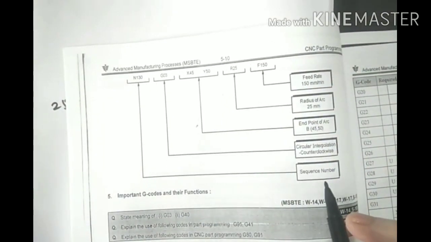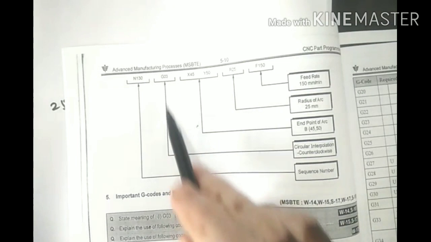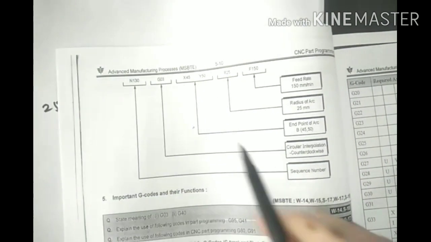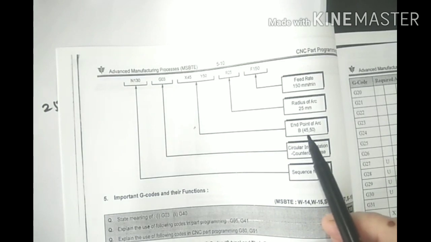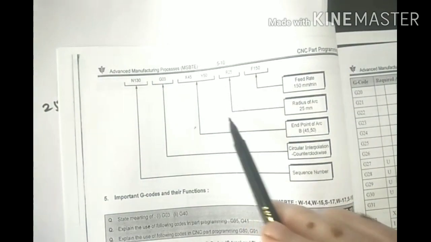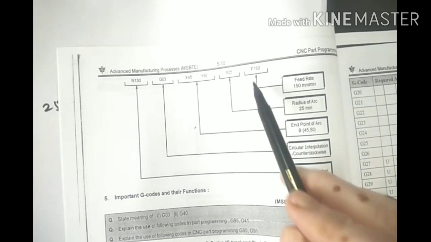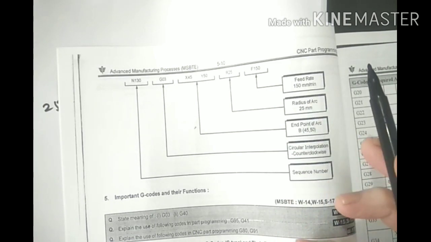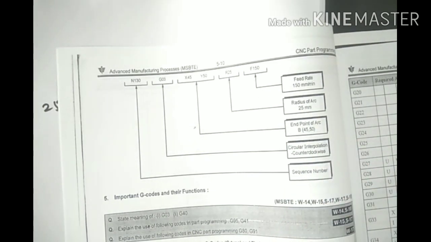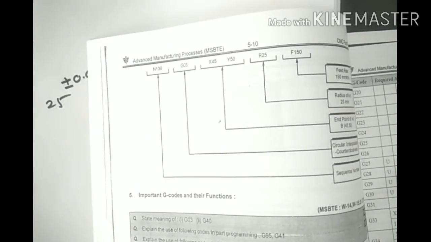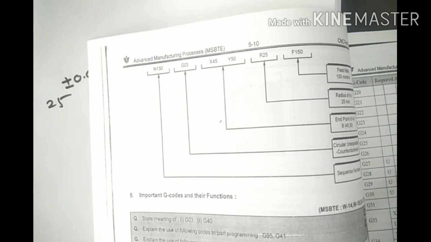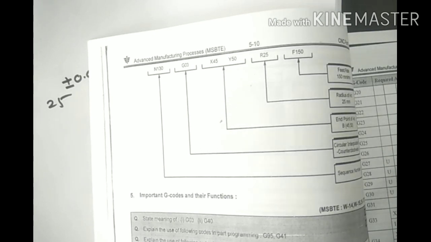N130, that is the sequence number, G03 circular interpolation, X45 Y50 is the end point of the arc, 45 and 50, and R, radius of the arc, is 25 and feed rate is 150 millimeter per minute. In the next lecture we will see what are the other preparatory codes and miscellaneous codes.